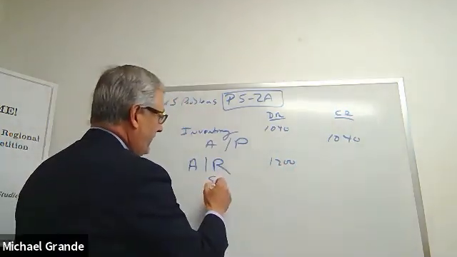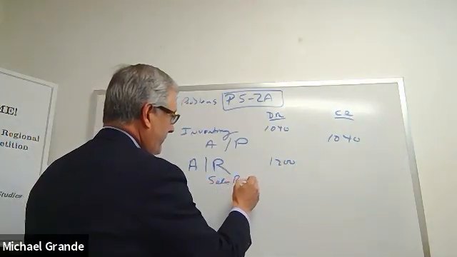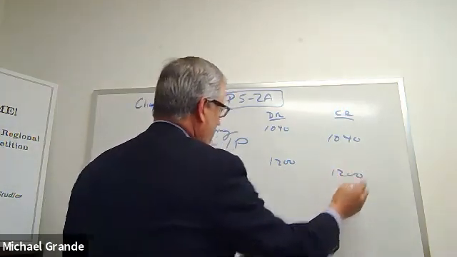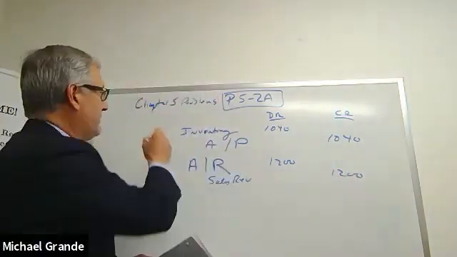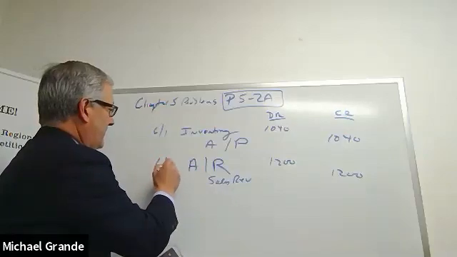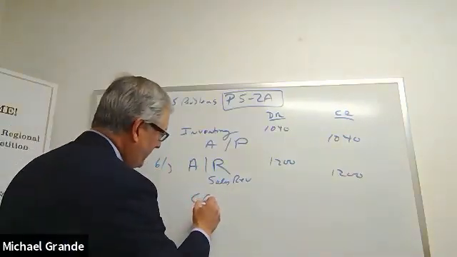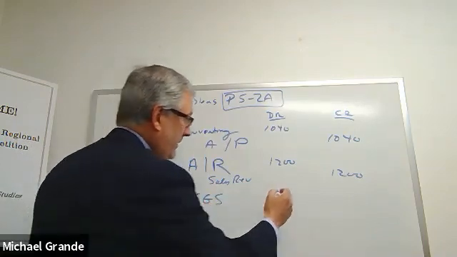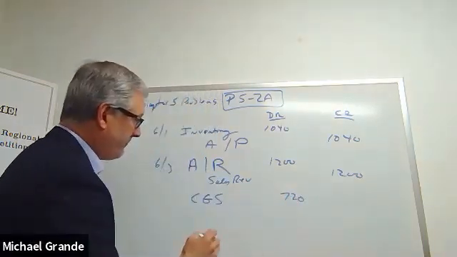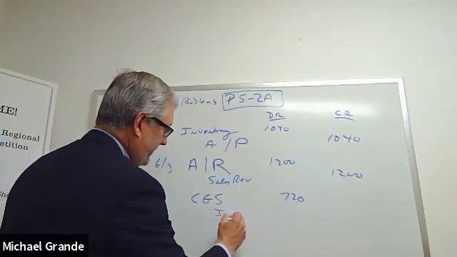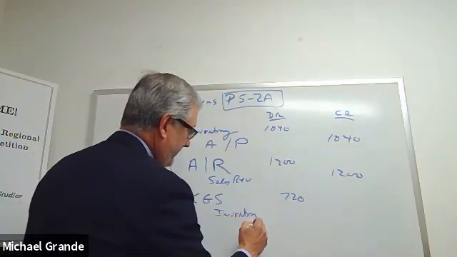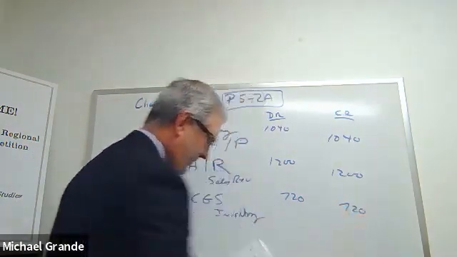Credit sales revenue, $1,200. But at the same time, this is 6/3. They need to record the cost of the sale. So they're going to debit cost of goods sold, 720. Credit inventory, 720.